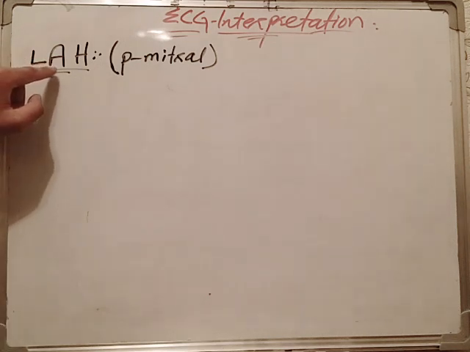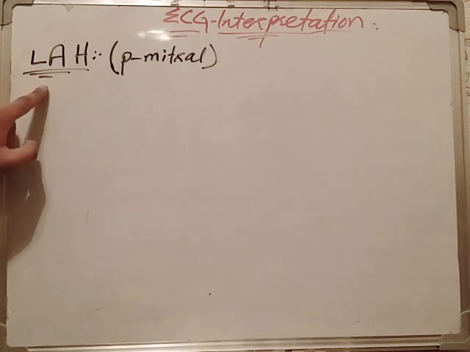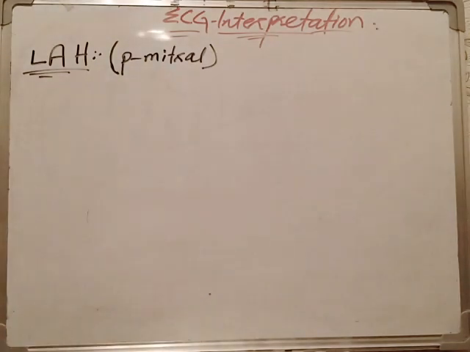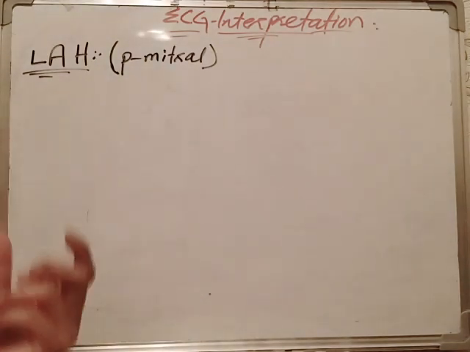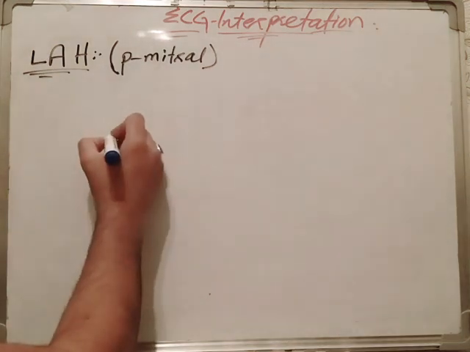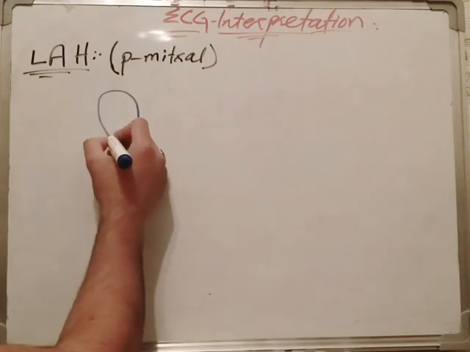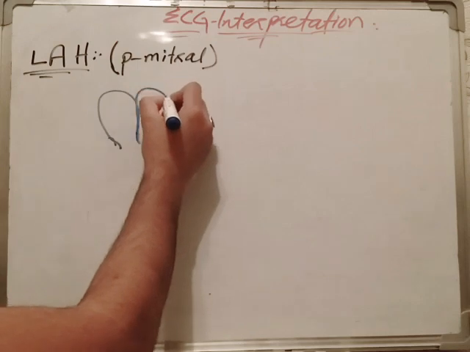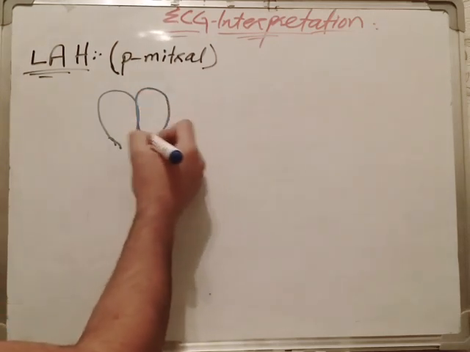But the hypertrophy of the left atrium is mainly due to mitral valve stenosis. Once the mitral valve becomes stenosed, smaller and narrowed, it will be difficult for the atrium to push the blood into the ventricle, so the left atrium undergoes hypertrophy. For example, this is your right atrium, and this will be the left.